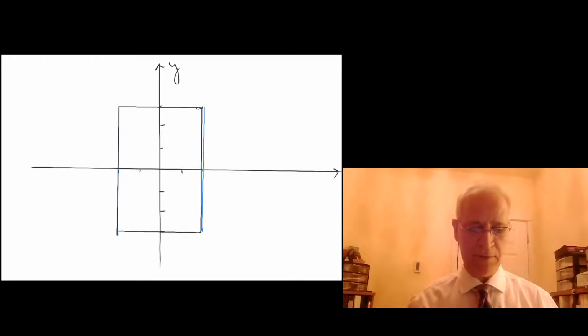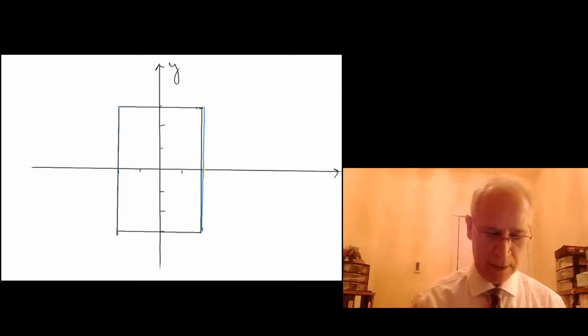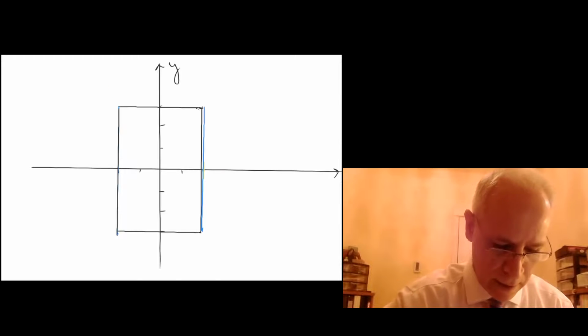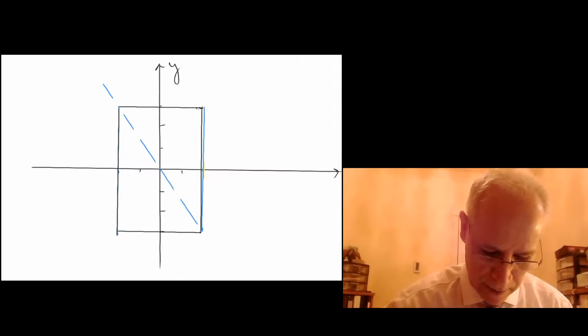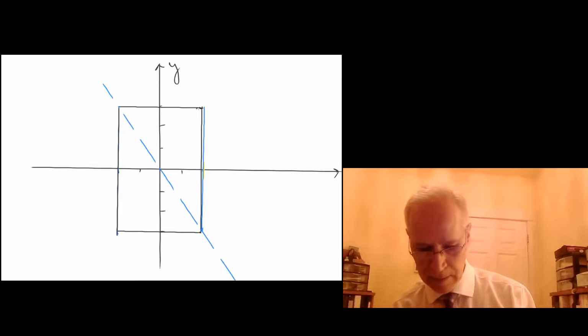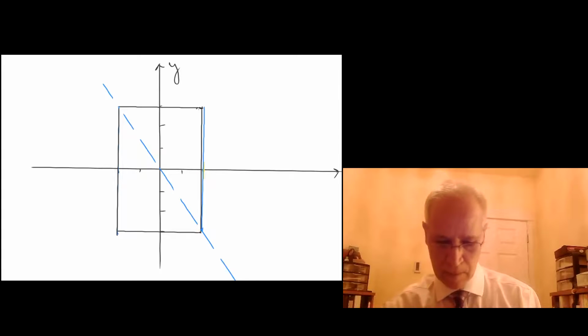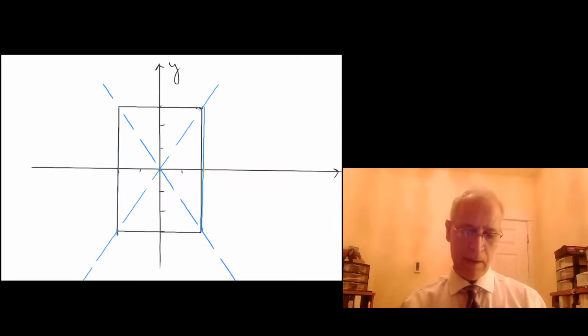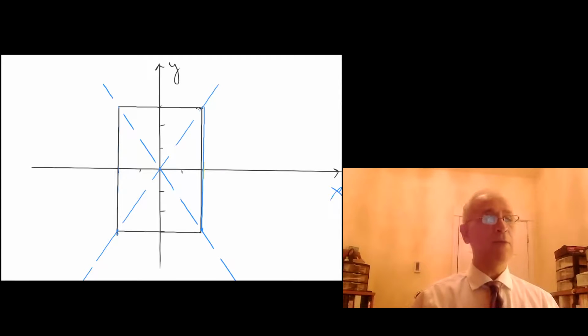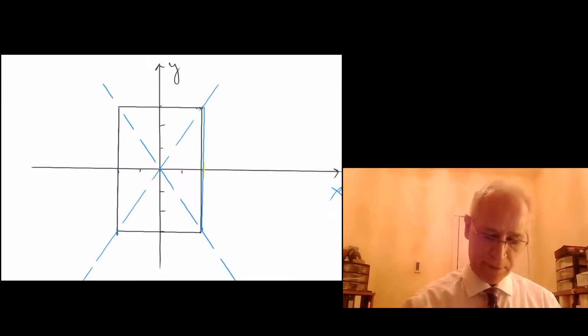So now that I have my reference box, I'm going to put the asymptotes for my hyperbola. I'm going to use dotted lines for asymptotes. And we decided that this hyperbola is opening to the right and left.